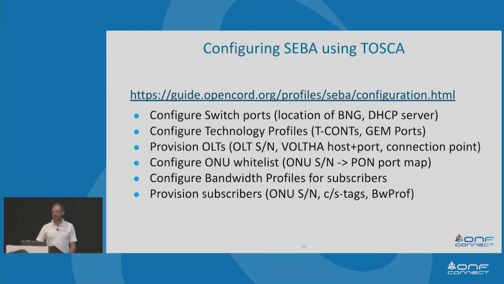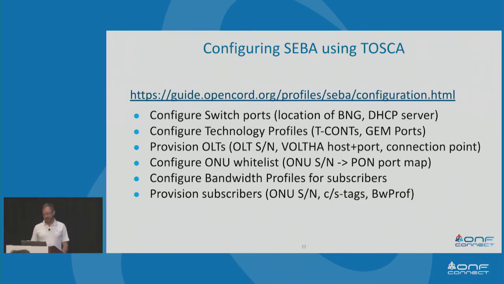Let me say just a couple of words about configuring SEBA using TOSCA. We have an online guide at guide.opencord.org that has a lot of information related to what we'll be going over in this demo, and also related to operating physical SEBA installations. So I refer you to that.